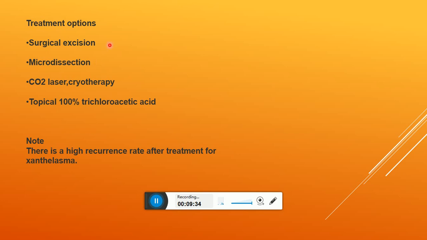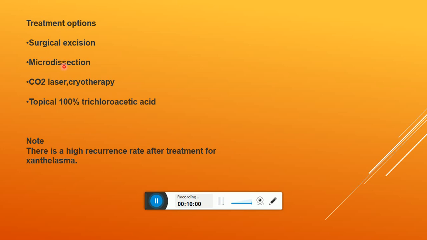Treatment options are surgical excision, simple excision where adequate excess skin is present, and if excess skin is not present, then microdissection. The flap is raised, the fatty deposits are dissected from the skin under a surgical microscope, and the skin is replaced.